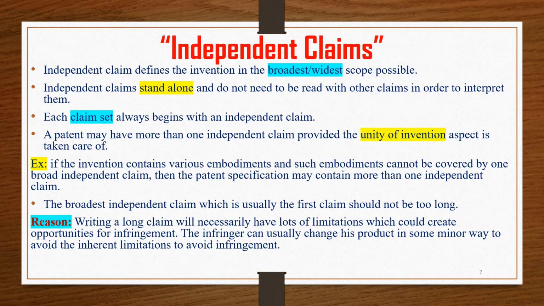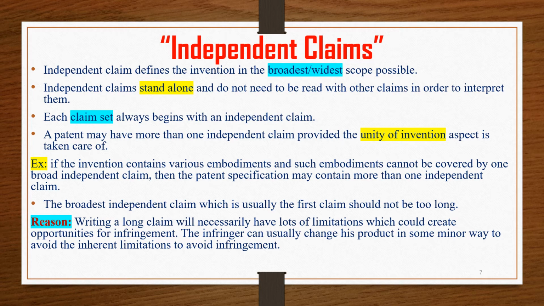For example, if the invention contains various embodiments and such embodiments cannot be covered by one broad independent claim, then the patent specification may contain more than one independent claim. Just remember this.